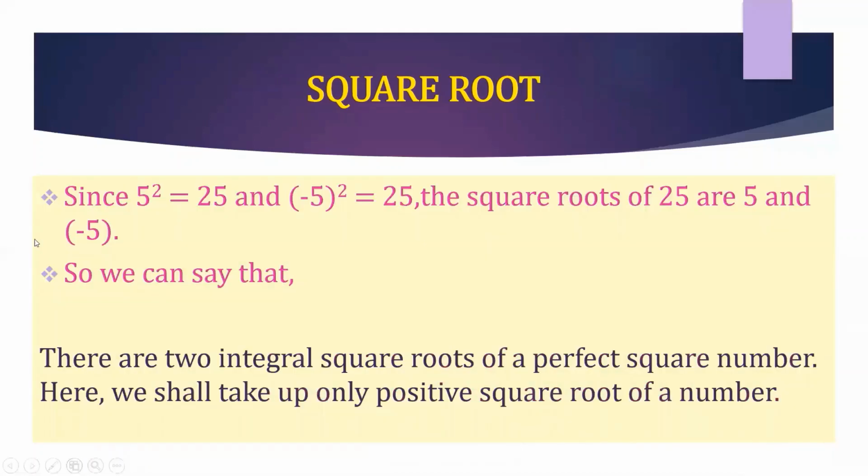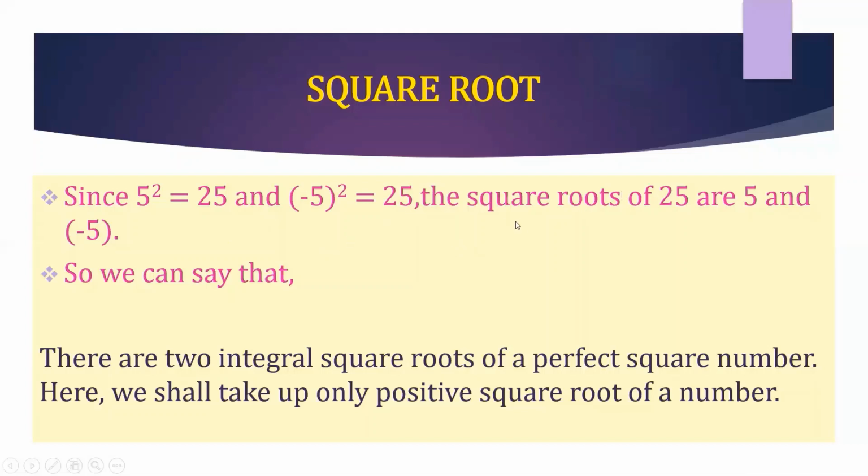Now, one more important thing, pay attention here. We have 5 squared equal to 25, and in the same way we have minus 5 squared also equal to 25. Similarly, for any number, say 4 squared is 16 and minus 4 squared is also 16. Say 11 squared is 121, and similarly minus 11 squared is also 121.